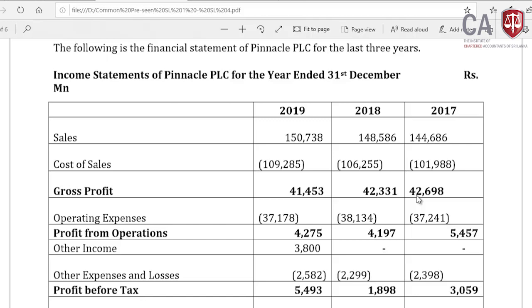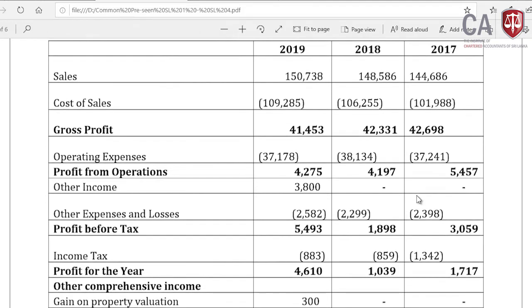Yes. Then profit from operations: 2017, 5,457 million, 2018 it has declined to 4,197 million, but 2019 again it has increased to 4,275.